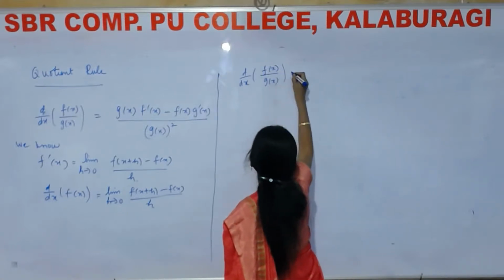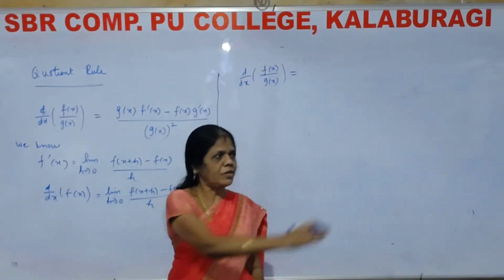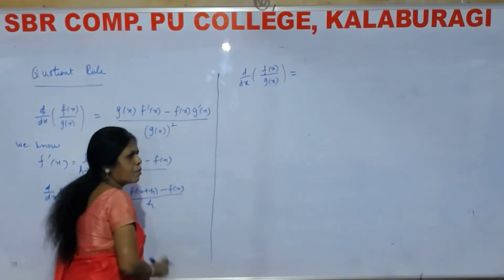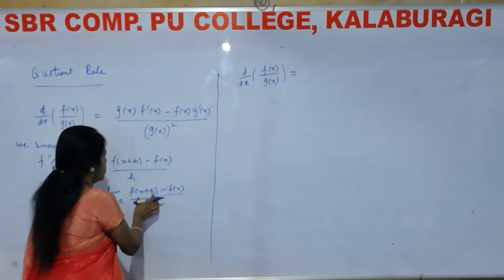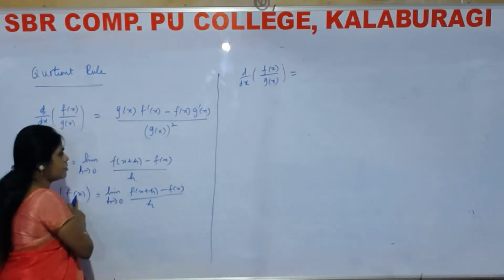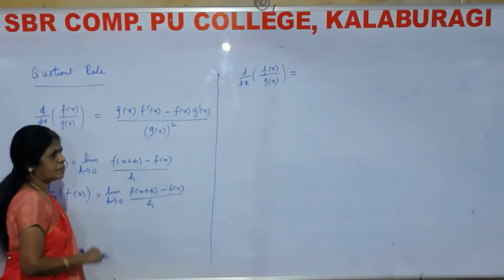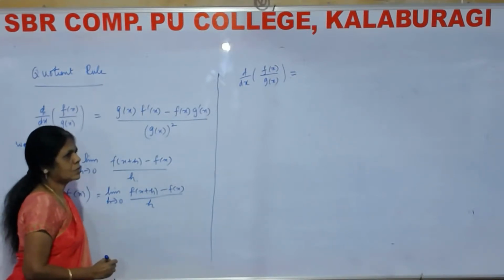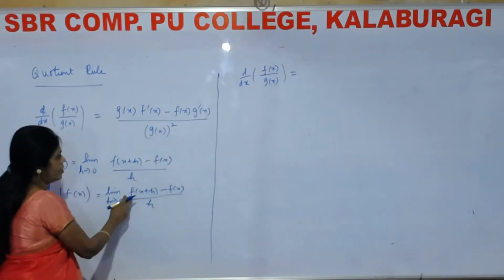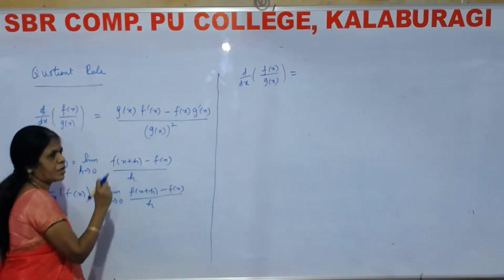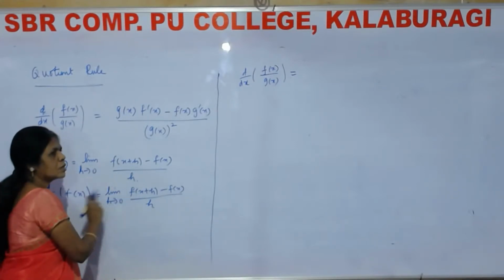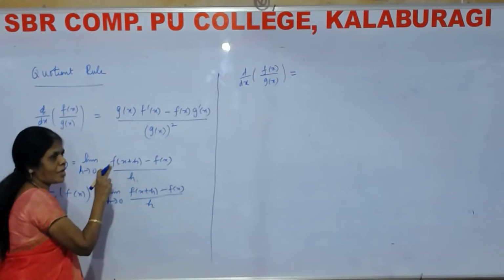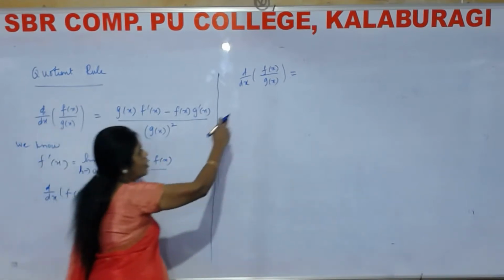Yes, I'm making a mistake. Equal to. Will you tell me? How will you write this one? In the place of f of x, what are you having? f of x by g of x.